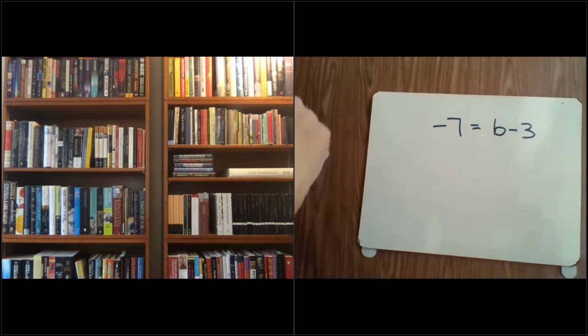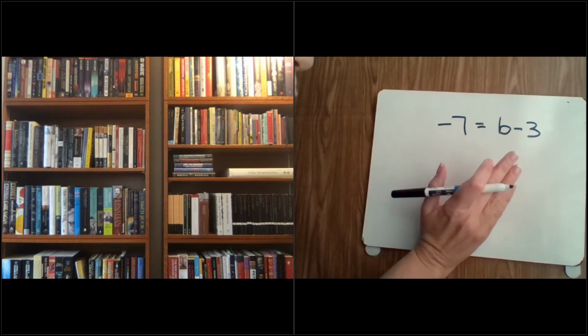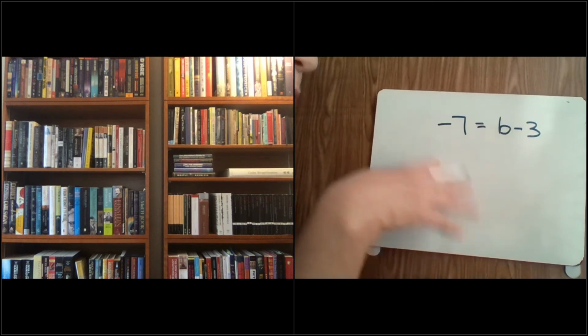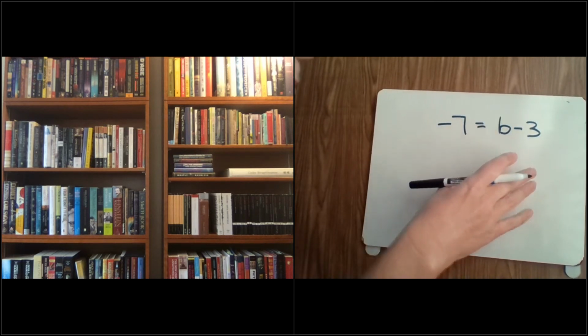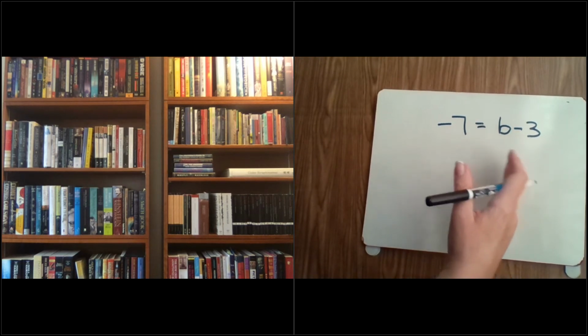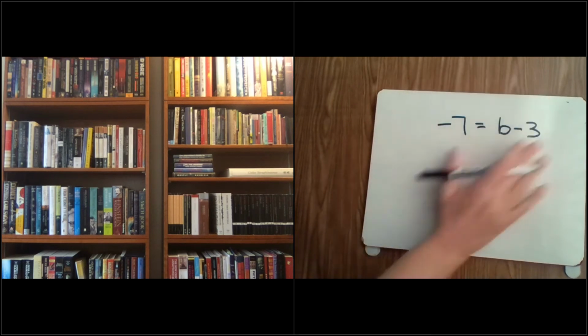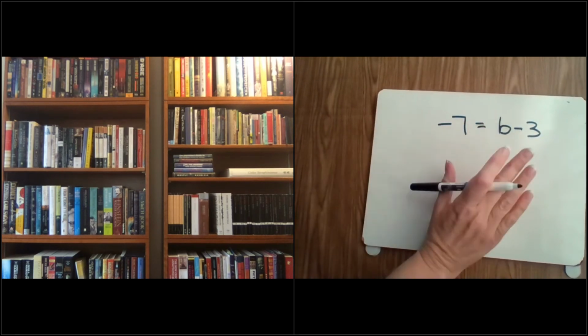Now, I intentionally put my B on the right side of the equal sign. Many times when you're solving more complex equations, your variable might end up on the right side instead of the left side. So I put it this way just so that you would get used to it.